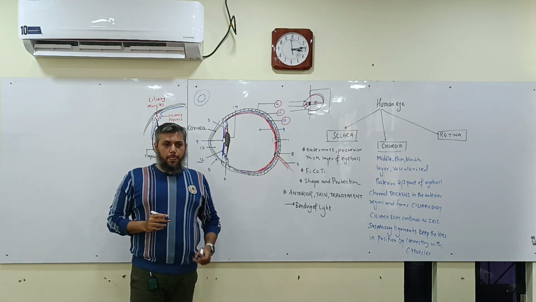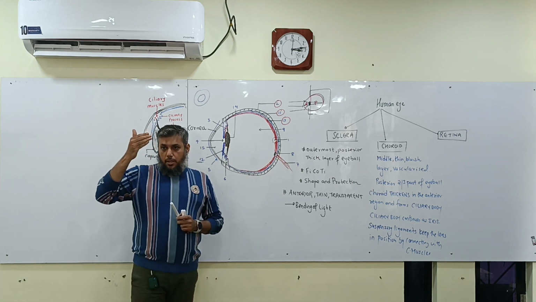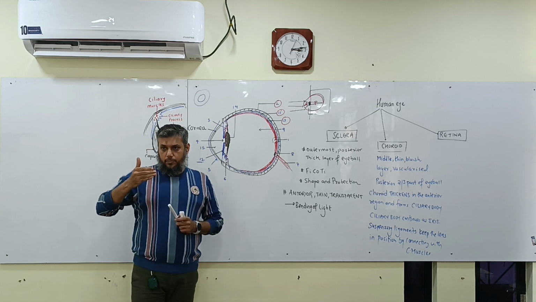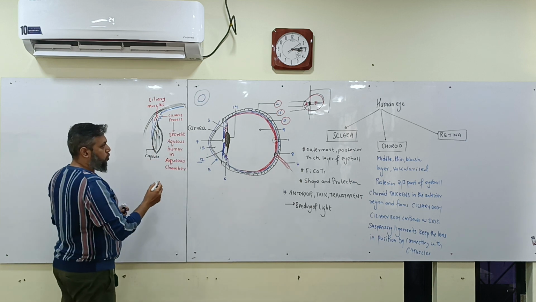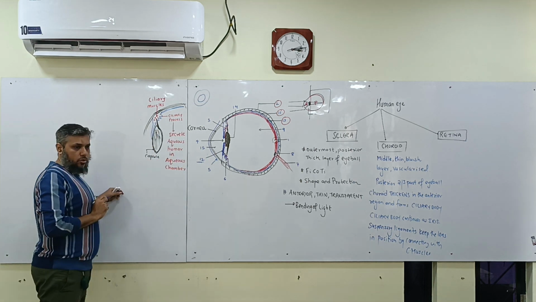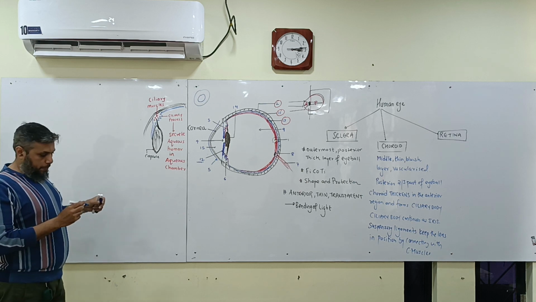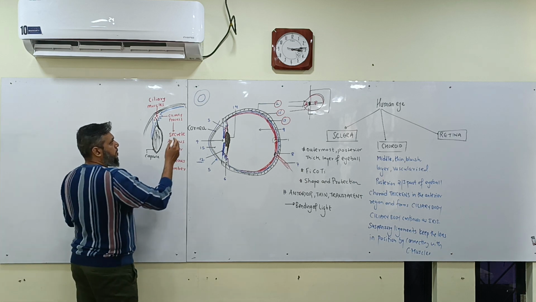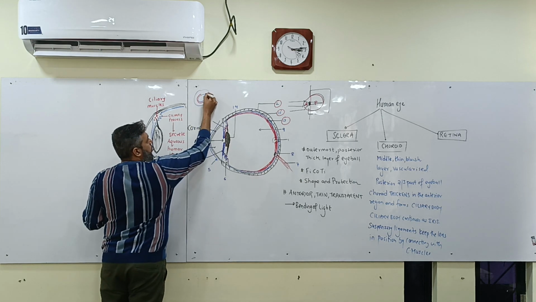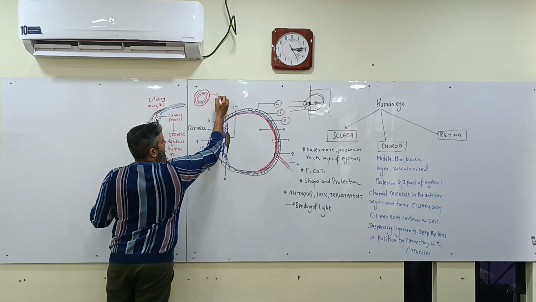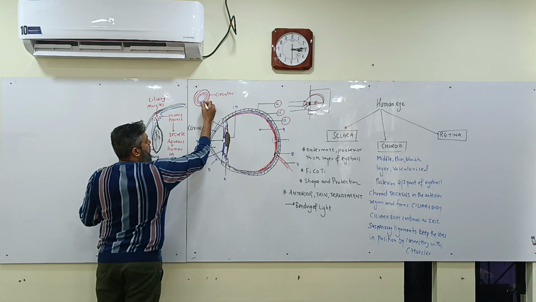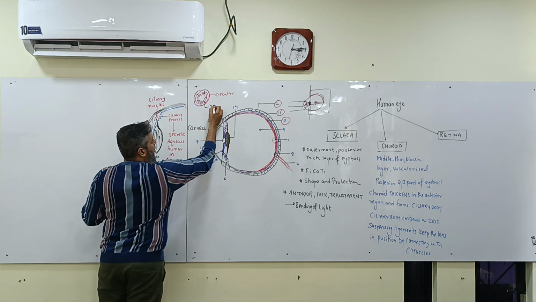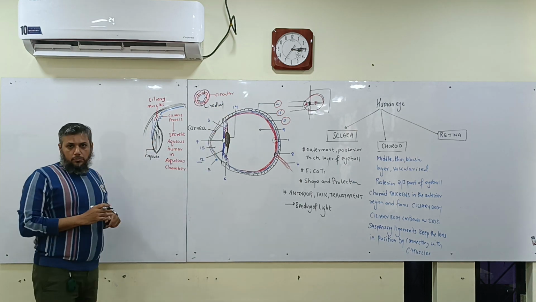So how is the iris? It is the muscular partition, and in the center it has an opening, and this opening is called the pupil. Pupil. And surrounding the pupil, the iris muscles can either be circular. There is one type of muscles called circular muscles, and the other type are called radial muscles.